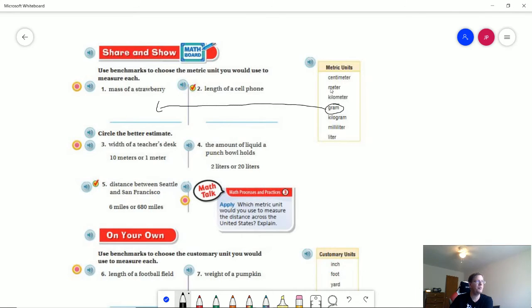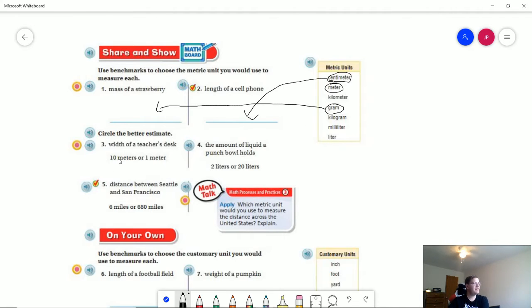Even though we wouldn't have the length of the cell phone be all the way to a meter, it might make more sense for that. Now, we could also use centimeters because that would be even smaller. There are about 3 centimeters in an inch, and we could measure that in inches. So we could either use a very small amount for parts of a meter to get the length of a cell phone, or we could use centimeters. But centimeters would probably be a little bit easier.